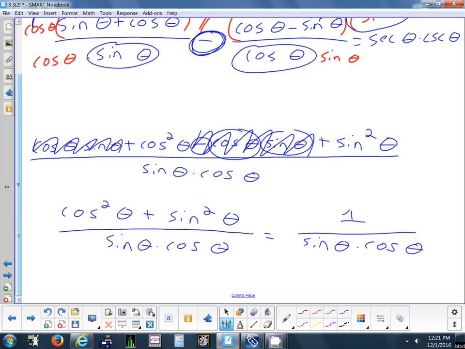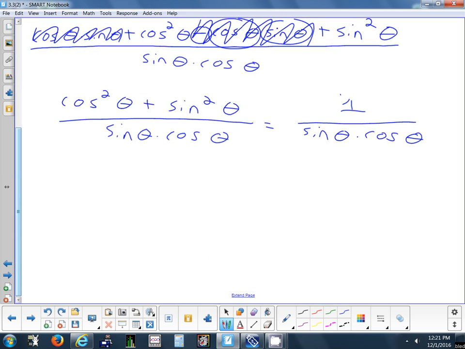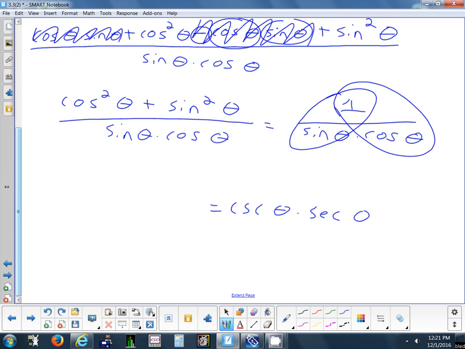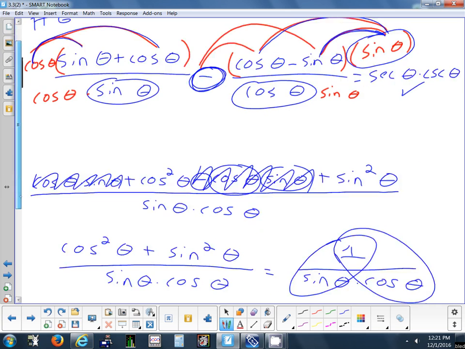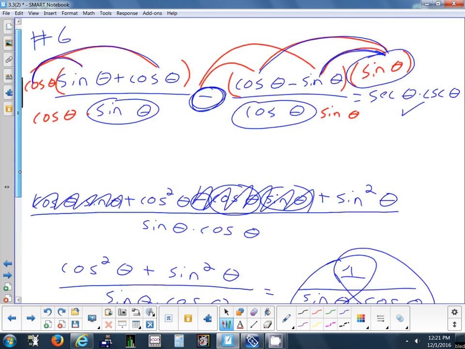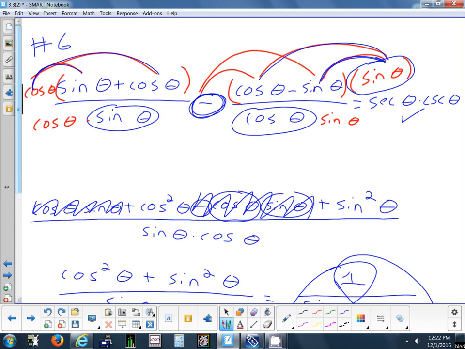Okay, and in an earlier problem, we saw this kind of thing where we have 1 over sine, which is cosecant, and then 1 over cosine is secant. And that's what they were looking for. We have it as cosecant times secant, but that's the same thing as secant times cosecant.